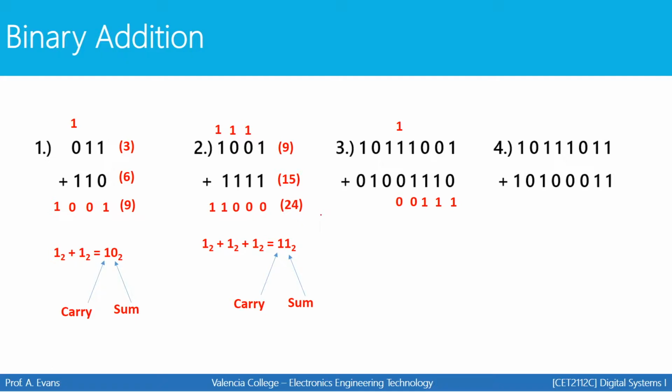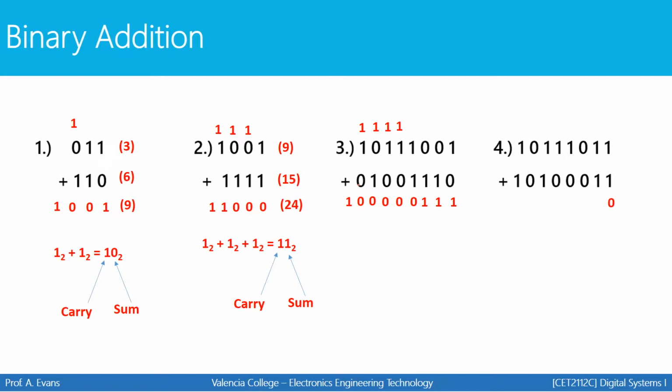So we have 0, carry the 1. Same thing here: 1 plus 1 plus 0 gives me 0, carry the 1. Here I have 1 plus 0 plus 1, which again gives me 0, carry the 1. And finally, 1 plus 1 plus 0 is again 0, with the final carry of 1 being written out front. That's how we would do problem number 3.